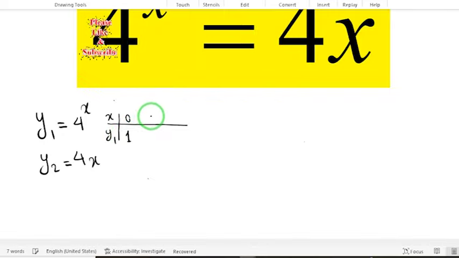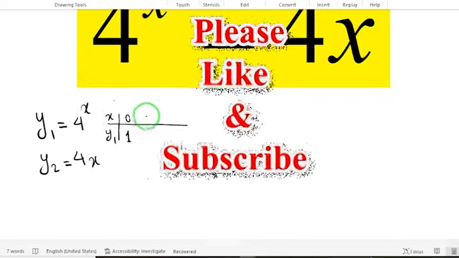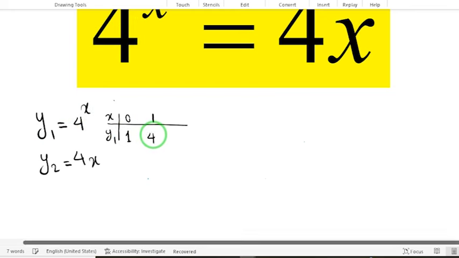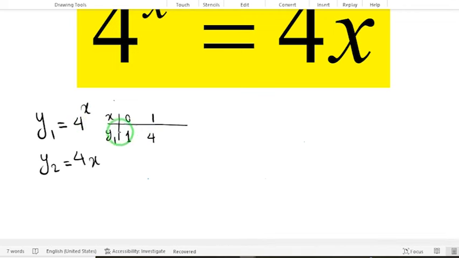If, for example, x is 1, the y value is 4, because 4 to the power of 1 is equal to 4. If, for example, x is minus 1, here is 4 to the power of minus 1, which is 1 over 4.